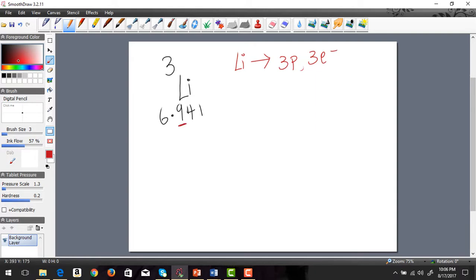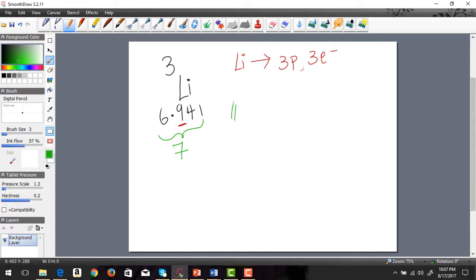So we can't just round it off to a 6, but instead we should round it off to a 7. Let me switch to green so I can highlight it. This technically should be read as a 7, simply because the number immediately after the decimal is a 9. As I said, if it's a 5, 6, 7, 8, or 9, you should round it to the nearest number higher, so it will be 7 instead of 6.